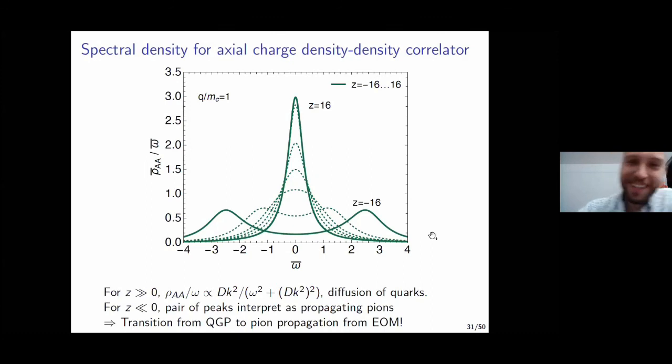All right, so first of all, this is the axial current correlator, and that's not the pion. At low T_c, for Z very small, sorry, Z negative, it is the pion. They're related to each other by some trivial factor.